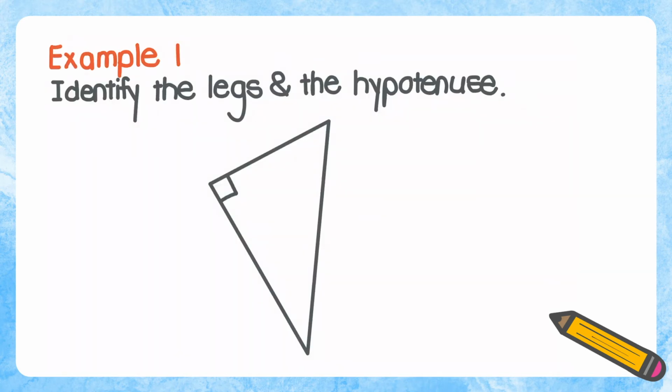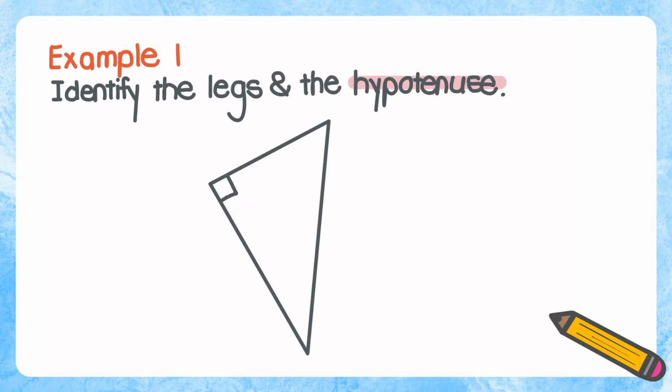So for the examples, please make sure to write the question down as well as a sketch if needed. It doesn't have to be exact, but try to make it as similar as possible. So we have a right triangle here, and we're going to identify the legs and the hypotenuse. So let's identify the hypotenuse first.